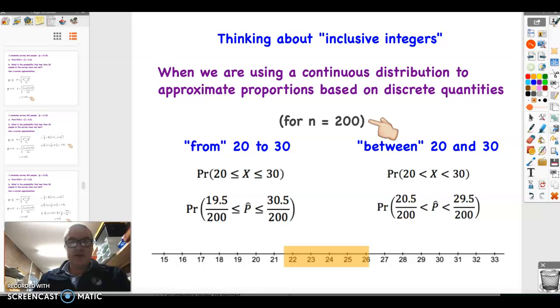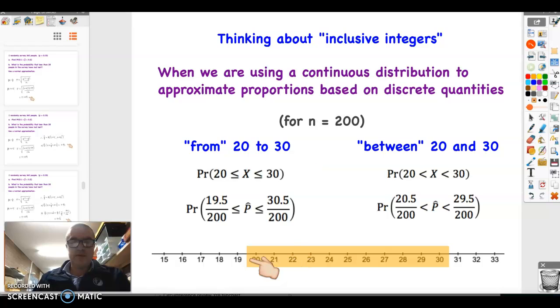If we were looking at a question that said what's the probability that we'll have from 20 to 30, that's our discrete number. From greater than or equal to 20, less than or equal to 30, our continuous sample proportion needs to include 20 and 30. But because it's continuous, it needs to be inclusive of everything above 19.5 and everything up to 30.5.